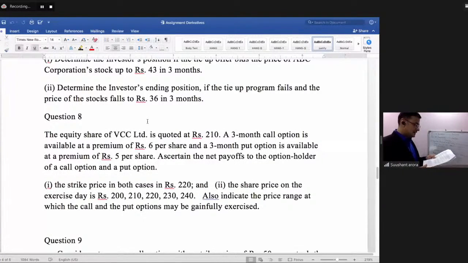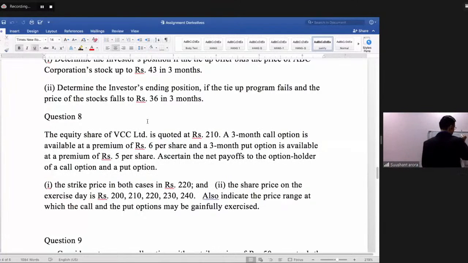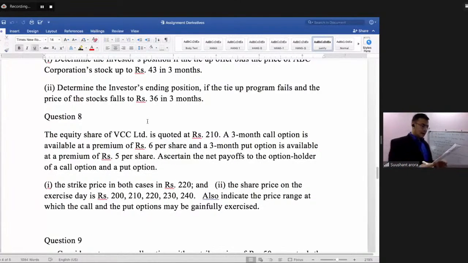The premium that is paid is 6 rupees per share and, sorry, not 3, 5 rupees per share. The tenure of this is also 3 months. Okay, clear? So ascertain the net payoff of the option holder of a call option and a put option.